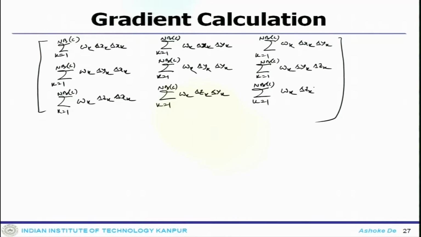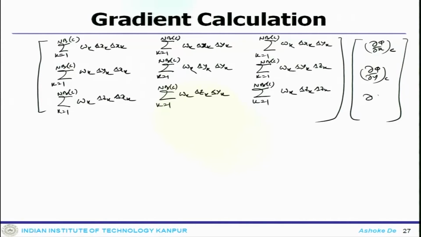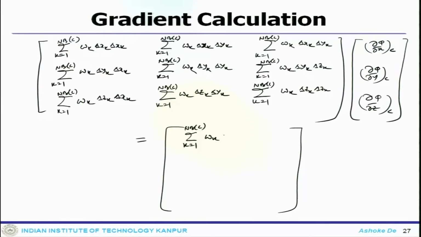The factor which is getting multiplied is ∂φ/∂x at C, ∂φ/∂y at C, ∂φ/∂z at C, which is equal to another vector: sum over k equals 1 to NBC of Wk Δxk Δφk, similarly, sum over k of Wk Δyk Δφk, and sum over k of Wk Δzk Δφk.